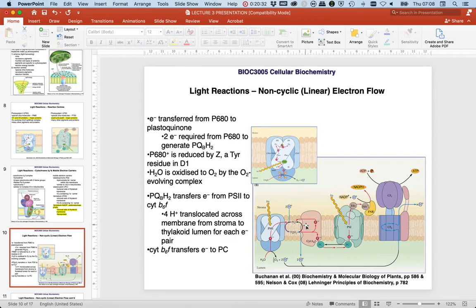Now when that happens, 2 protons are moved across the thylakoid membrane for each electron that is moved through photosystem 2 in the PQ pool. Okay? And from cytochrome b6f, the electrons are transferred to the second mobile electron carrier that we talked about, plastocyanin, which again works on the luminal surface of the thylakoid membrane. Okay? So for each pair of electrons moving through the photosystem 2, PQ pool, and cytochrome b6f, 4 protons are moved across the membrane, okay, for each pair.